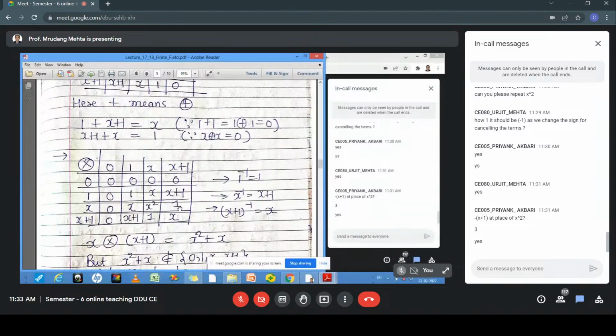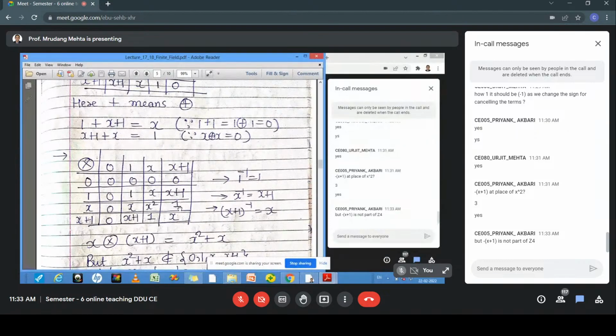So this is the multiplicative inverse. We can say that x and x plus 1 are multiplicative inverses. 1's inverse is 1, x inverse is x plus 1 and x plus 1 inverse is x. So where you find 1, that becomes the inverse.